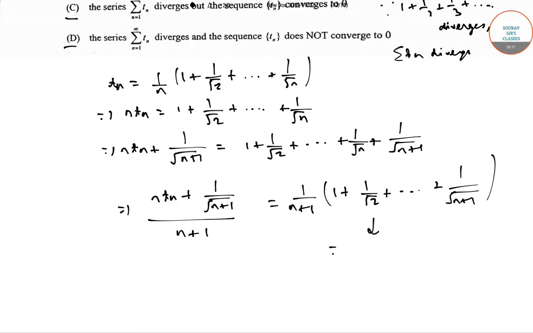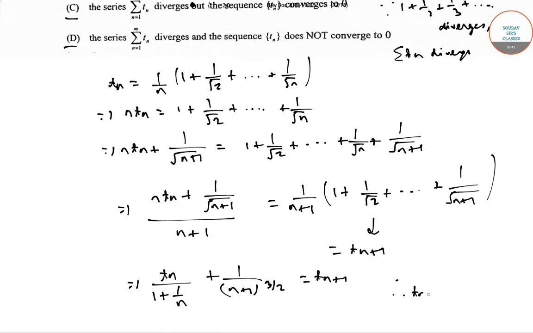Now this becomes T(n+1). So the left hand side becomes (nTn + 1/√(n+1))/(n+1) = T(n+1). Thus, from here we get that Tn tends to 0 or Tn tends to infinity.